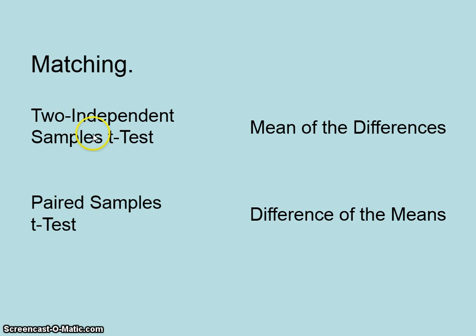If we have 2 completely independent sets of data with no connection between them, then we'd use 2 independent sample t-test. How can we characterize them? Well, a 2 independent samples t-test, would that be the mean of the differences? Would we be comparing the mean of the differences? Or are we comparing the difference of the means? I'm going to give you a couple seconds. Which one goes where?